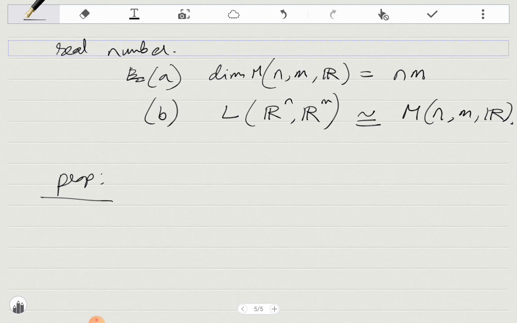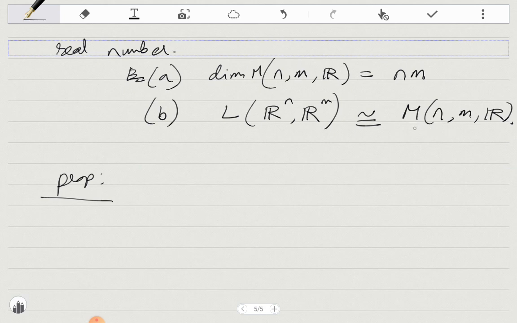But on the other hand, in the space of matrices, there are other natural norms, things one immediately thinks of. Namely, if I take a matrix, I can regard it, as I said, by putting all the rows side by side or columns side by side, as an element of R^(nm).